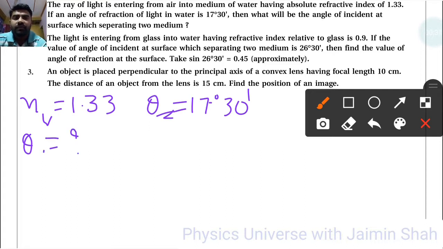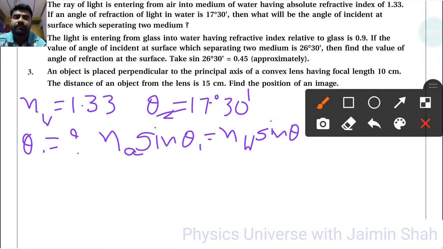So the formula for that: applying Snell's law at the point of refraction, n_air sin theta 1 is equal to n_w sin theta 2.